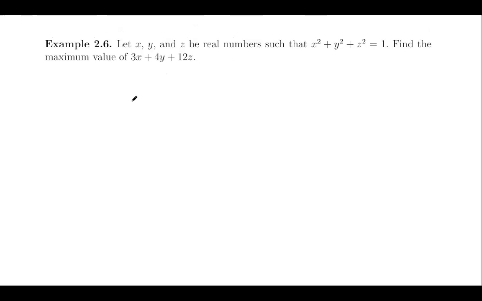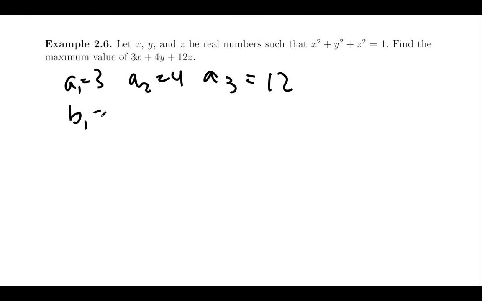Let's let the A's be the coefficients of this: a1 equals 3, a2 equals 4, and a3 equals 12. And then for the B's, we can let them be x, y, and z. So b1 equals x, b2 equals y, and b3 equals z.